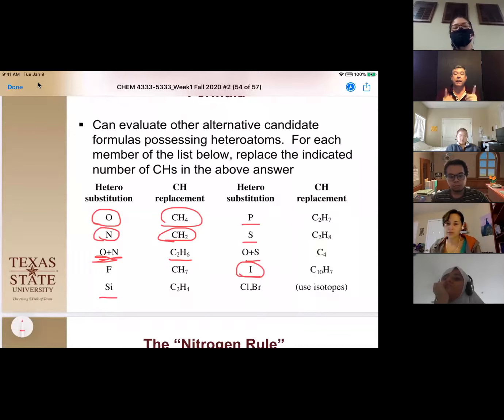So when fluorine and iodine have 1 isotope, we have to replace these using the carbon replacement rule from the rule of 13. However, when we have chlorine and bromine, we have different isotopes, so we can actually see the isotope split, and so we don't have to use that hydrogen replacement directly because we can see them available to us, and we can add them to our empirical formula to start with, okay?